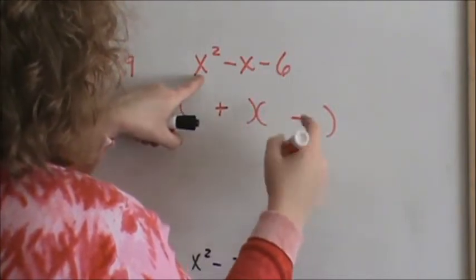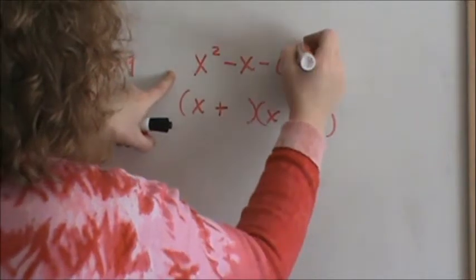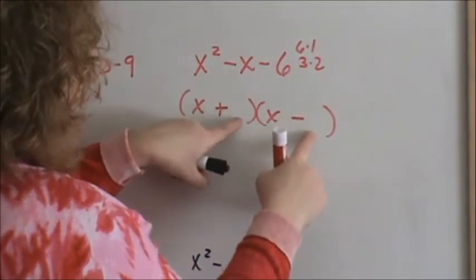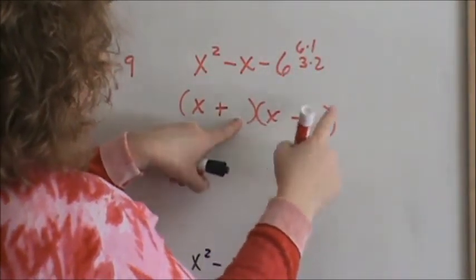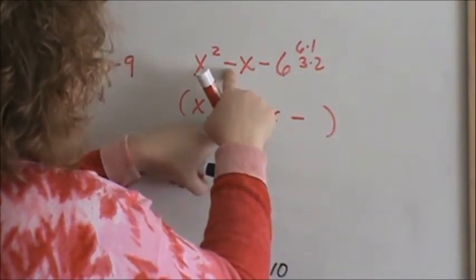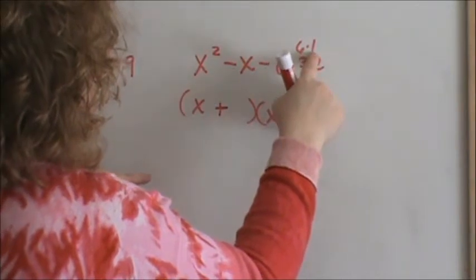Now look at my factors for x squared, x, x. Factors of 6. 6 times 1, 3 times 2. Remember, one's going to be positive and one's going to be negative, which tells me I basically can subtract them. But since this needs to be negative, my larger number takes on the negative sign. Subtracting 6 and 1 gives me a 5.